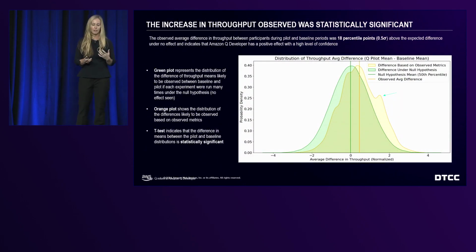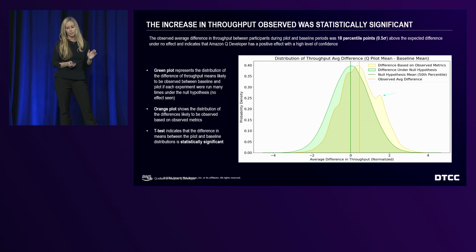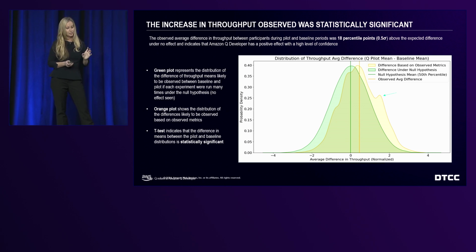Again, our board and executive committee really stressed this needs to be statistically significant. So we wanted to prove statistical significance. What this chart shows is the observed average difference in throughput between participants during the pilot and also the baseline periods. The green plot shows business as usual.